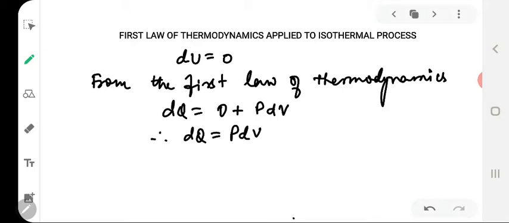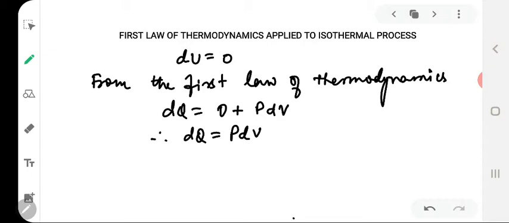When the gas is undergoing expansion, dV and hence PdV is positive, and consequently dQ will also be positive. So if a gas is to be expanded isothermally, then an amount of heat equivalent to the work done by the gas will have to be supplied to it from the external source.